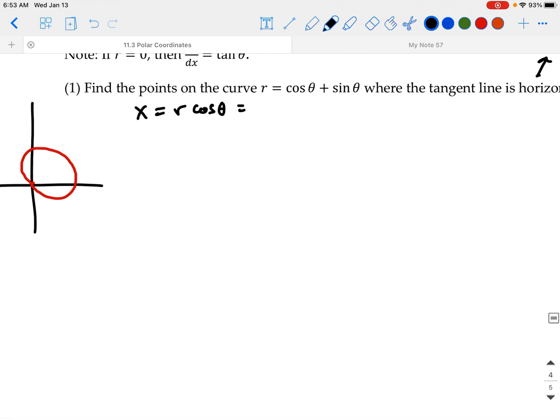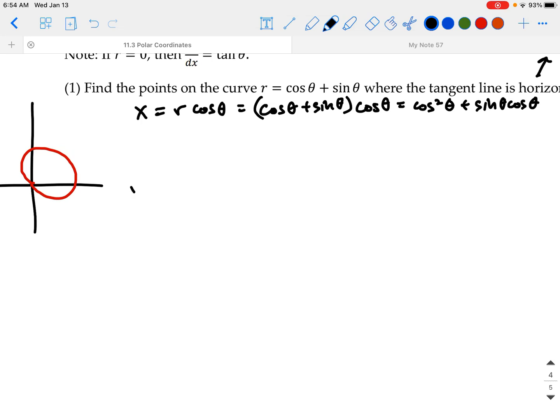And then maybe the next example we'll work from that product rule representation. So r cosine theta is going to be cosine theta plus sine theta, all times cosine theta, which is going to be cosine squared theta plus sine theta cosine theta.